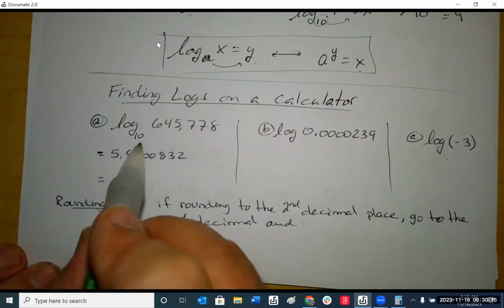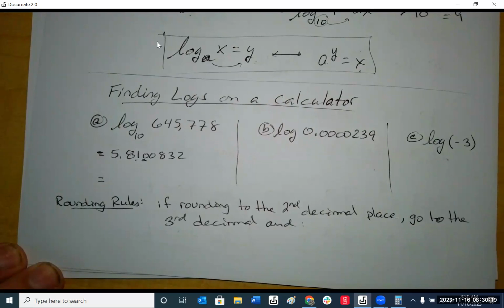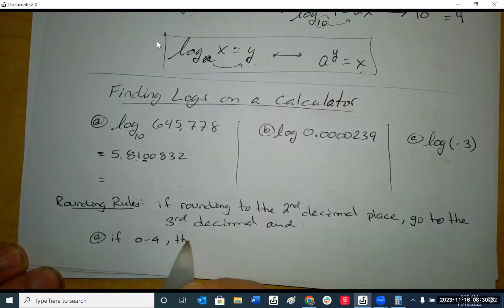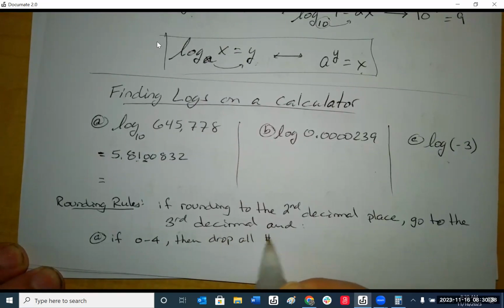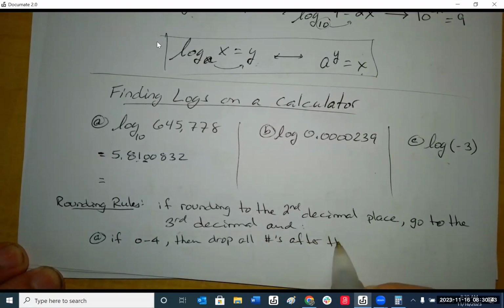So in our example, since we're rounding to 2 decimal places, we go to the third decimal, which is 0. If the third decimal is between 0 and 4, then drop all numbers after the second decimal.